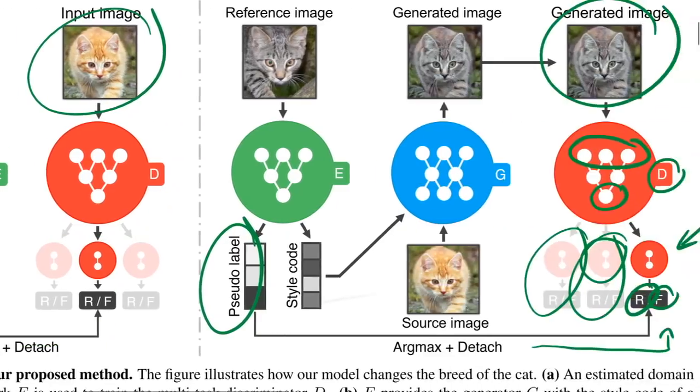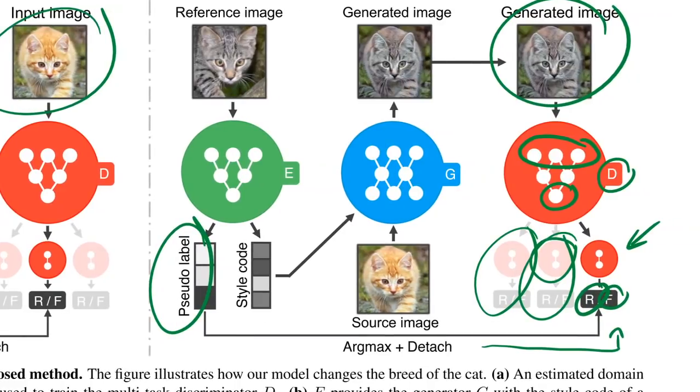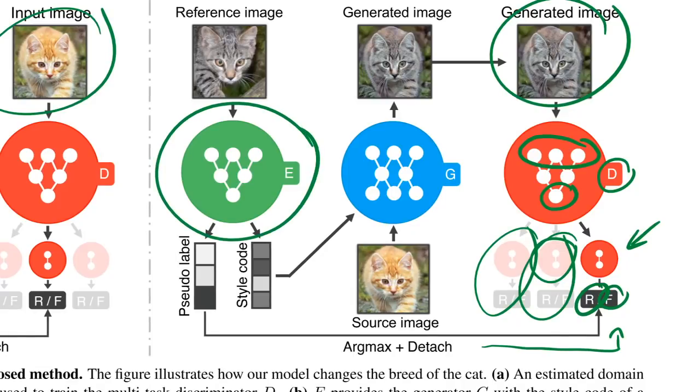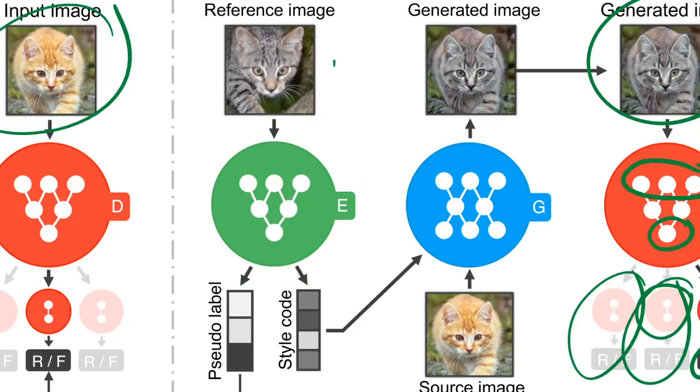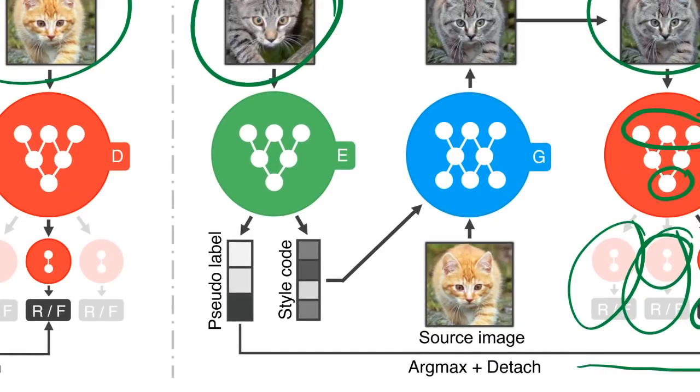Okay. So what about the generator? I guess it is the most complex. But first, what about this encoding network right here? It's E for encoder, I guess, but they also call it the guiding network. What this is supposed to do is it'll take an image, any image, and it will output two things.